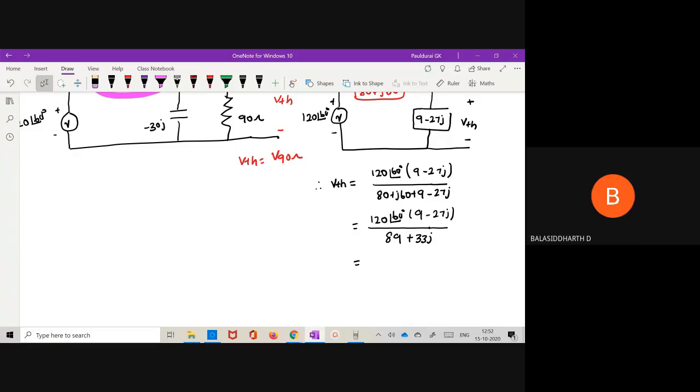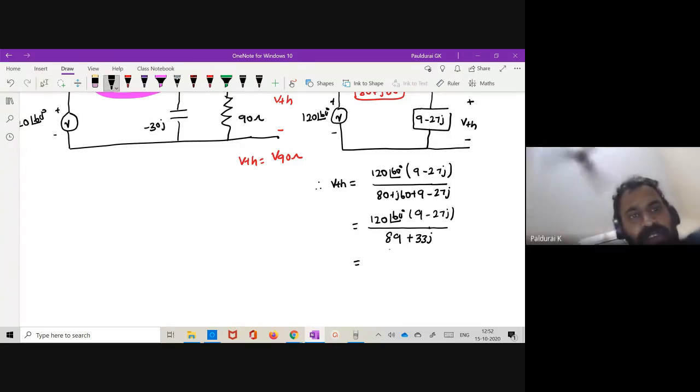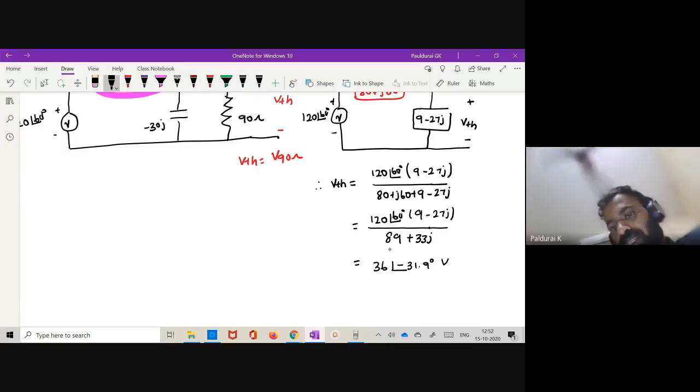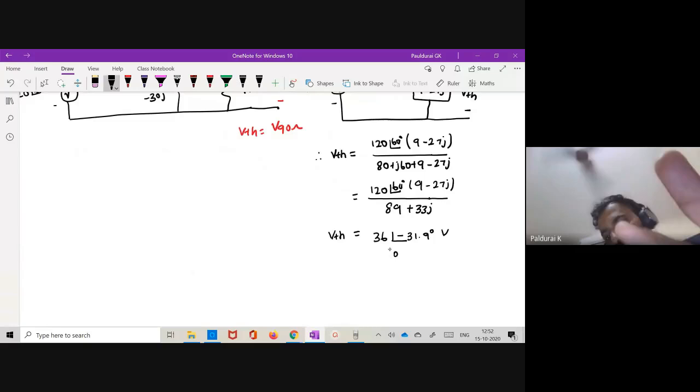So the angle is minus 31.9 degrees. What's the magnitude? 36. Very good. 36 at an angle of minus 31.9 degrees volt. This is my VTH. In terms of rectangular form, if you want, you can write.